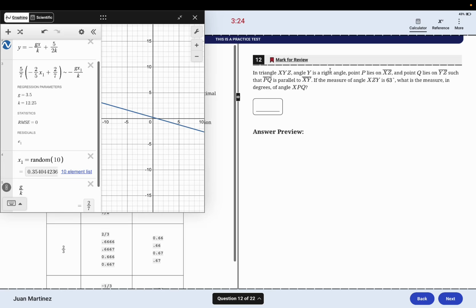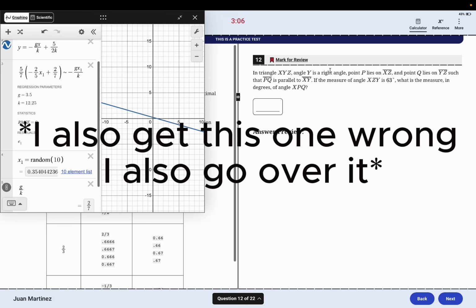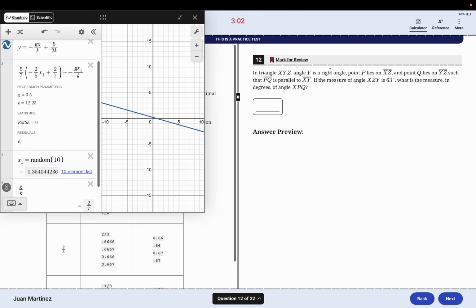Okay, so we have a triangle, x, y, z. God, my pencil's failing on me. Okay, I need to get another pencil. Oh, this is bad.